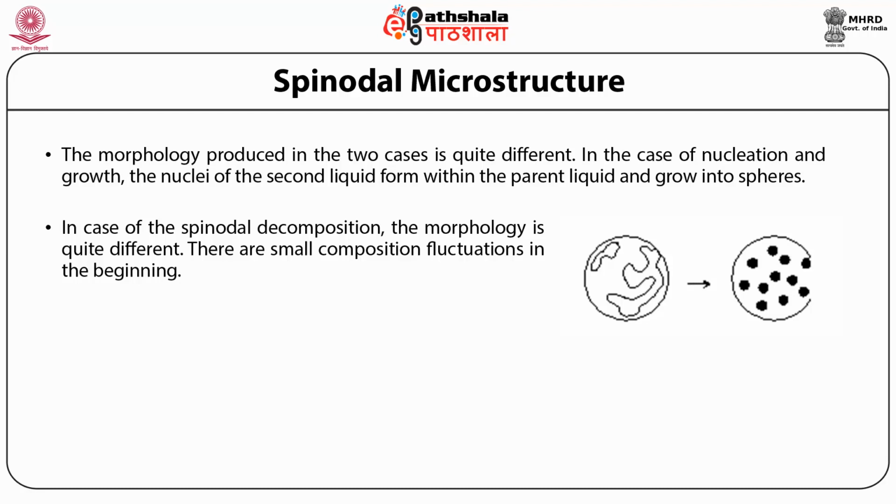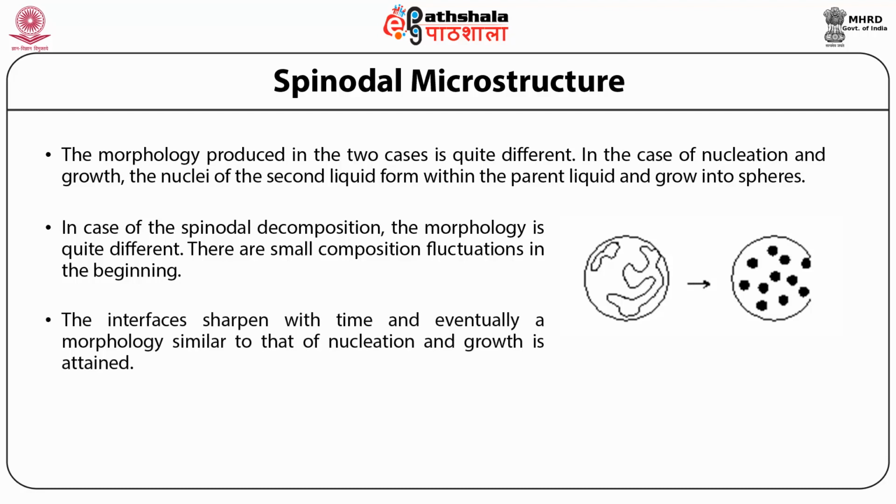Both phases will have a high degree of connectivity. The interfaces sharpen with time and eventually a morphology similar to that of nucleation and growth is attained. These two morphologies are explained earlier in this figure.